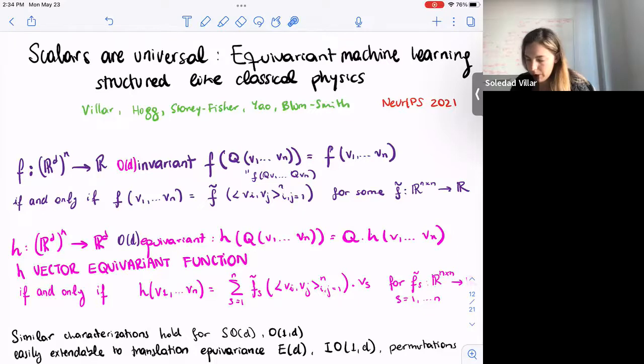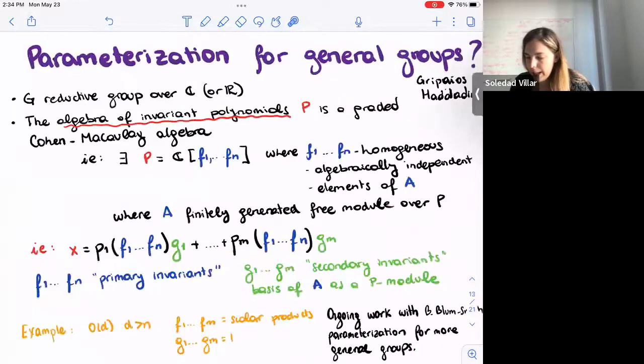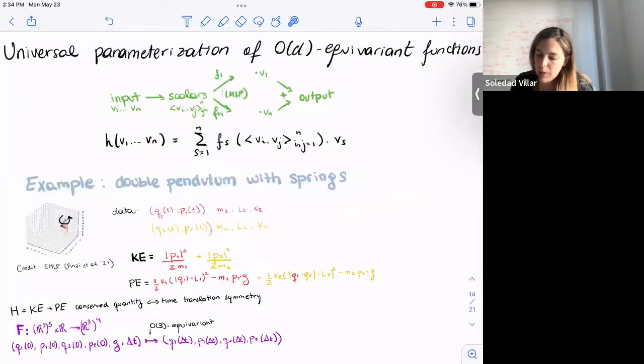It's not very hard. Basically, the idea is that if I have n input vectors in RD, I can construct my scalars, which are the inner products of the input vectors, and then learn these f1 through fn functions, which are the coefficient functions.